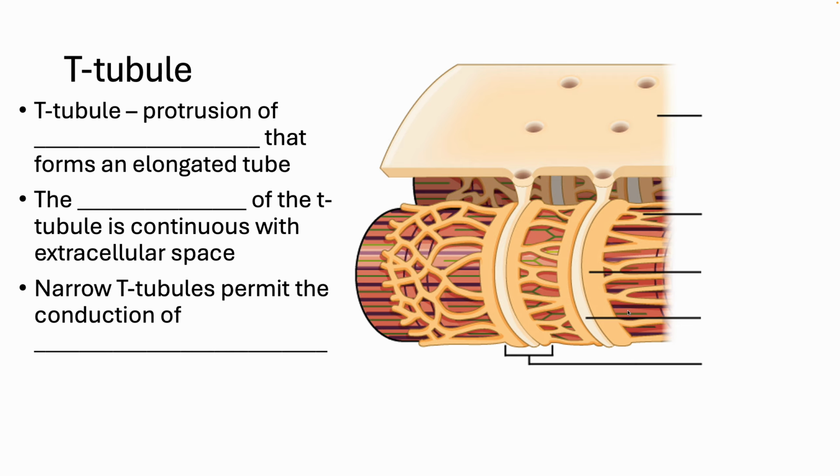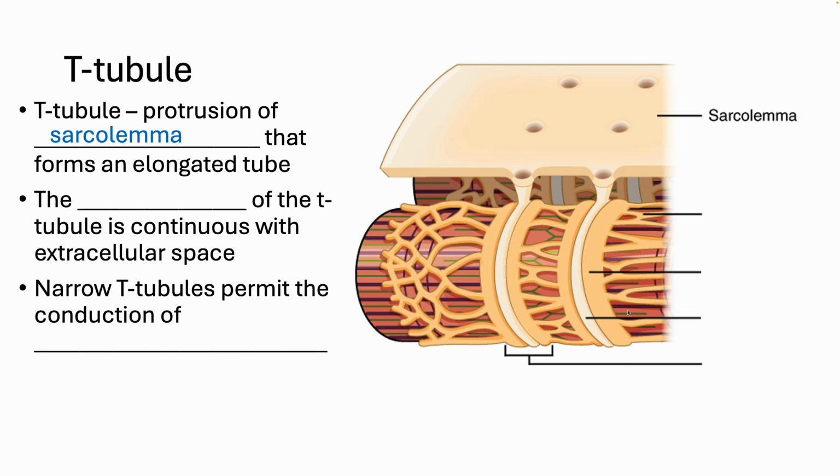All right, another feature of the sarcomere is that it is going to be covered by the sarcoplasmic reticulum and a structure known as a T-tubule. A T-tubule is a protrusion of the sarcolemma that forms an elongated tube.